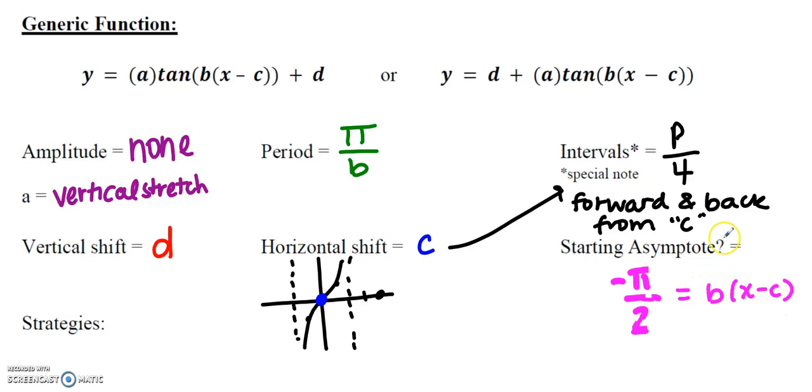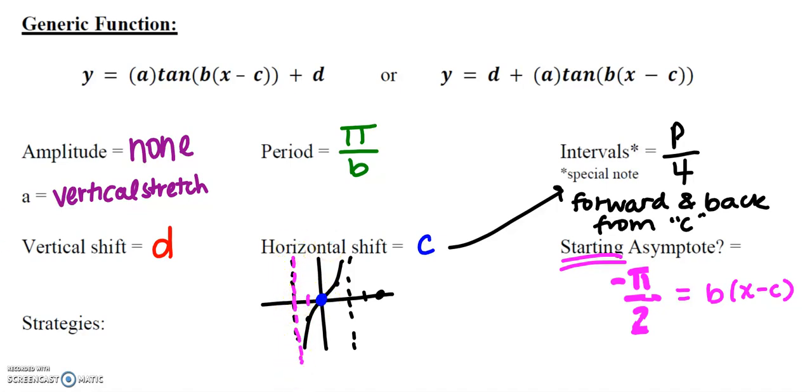And that would allow us to figure out our starting asymptote. Now, the other way to get the starting asymptote is to go to your horizontal shift C and just count backwards 2 intervals, and we'll still get to that starting asymptote. So again, we'll practice both ways. The horizontal shift is going to move that blue dot. The starting asymptote, if you solve this equation, will be this pink vertical asymptote that is 2 away from the horizontal shift.